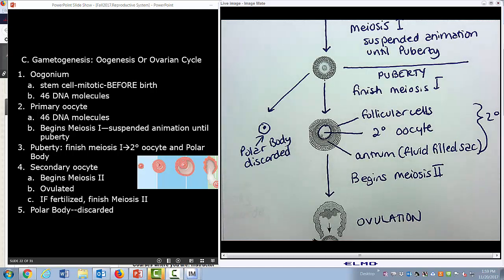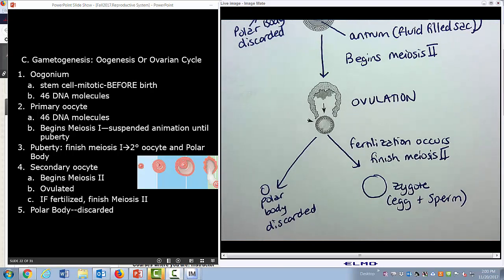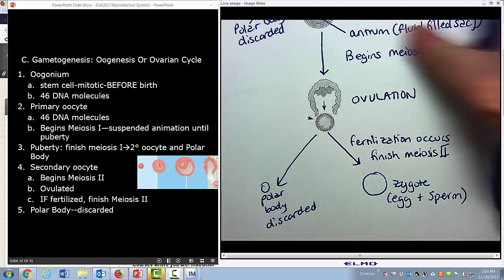And then we also get another polar body, which is discarded. But only if fertilization occurs do we finish meiosis II. Okay? So, here we go. So we've got the secondary oocyte.